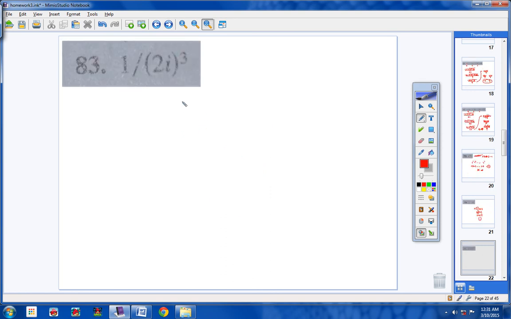And then lastly, number 83 will be a little more complex. We'll take it step by step. You're only cubing the denominator. So it's really 1 over 2i to the third power. So you really have 1 over 2i times 2i times 2i. Let's first of all go with 2i times 2i is 4i squared, times 2i.